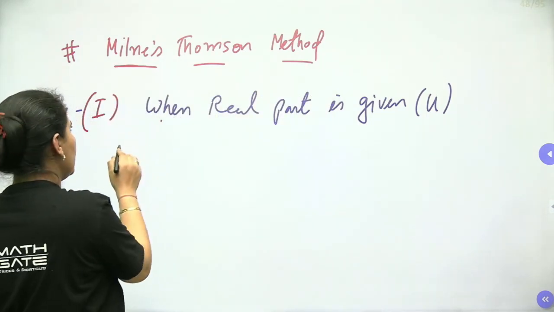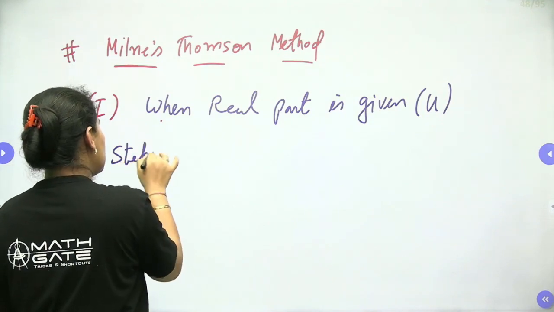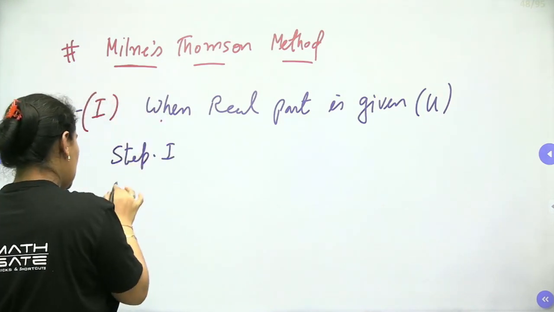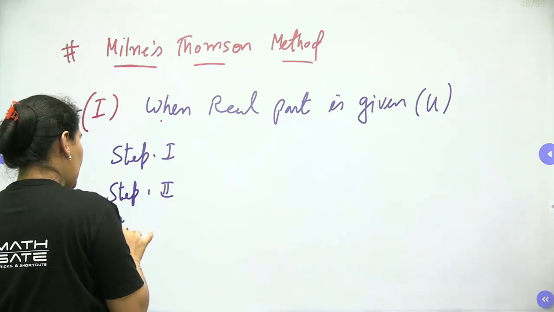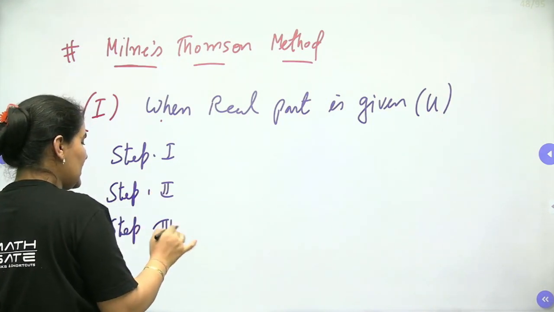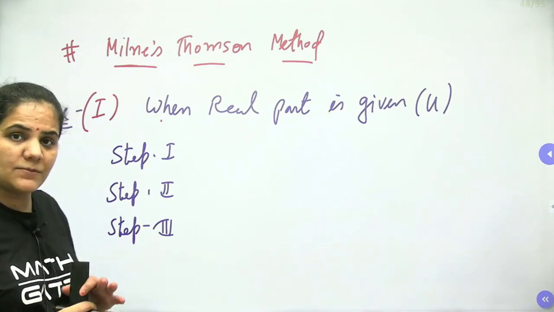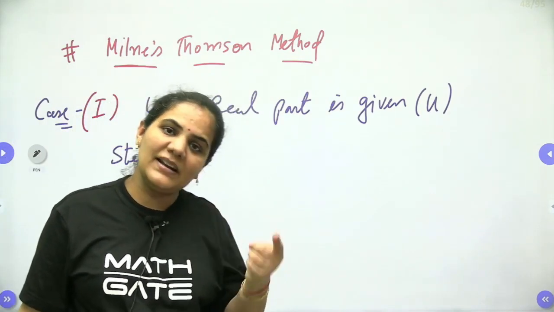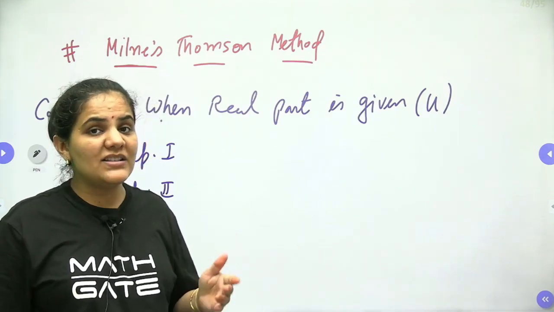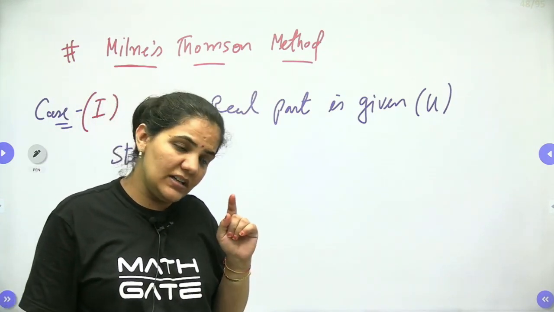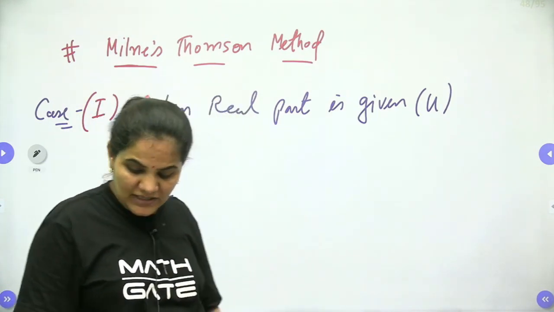So when we have u, it has 3 steps. Step number 1, step number 2, and step number 3. This method covers 3 steps, and you have to follow these 3 steps, whether the real part is given or the imaginary part is given.